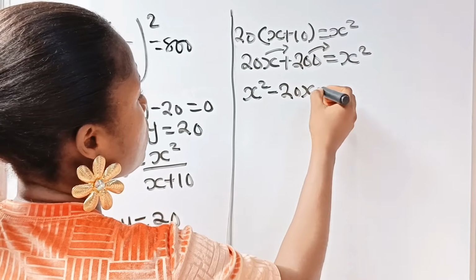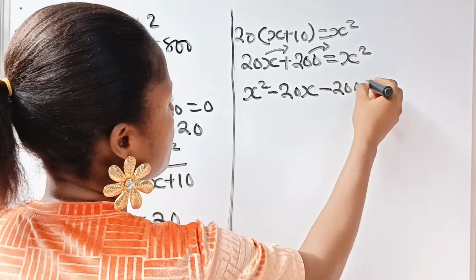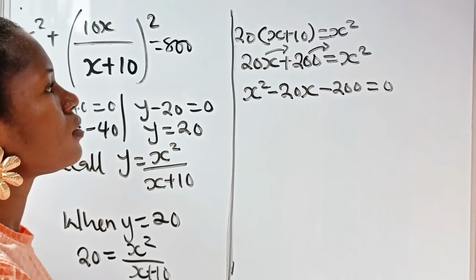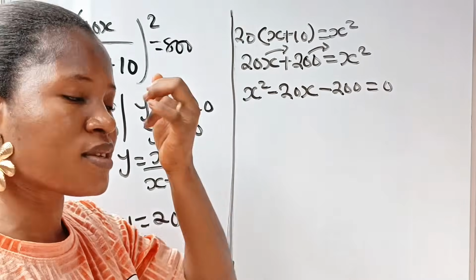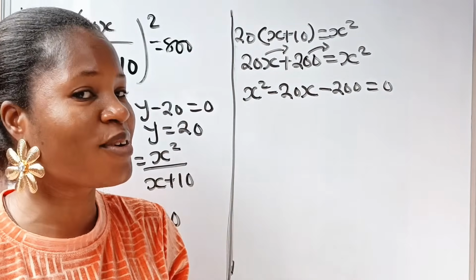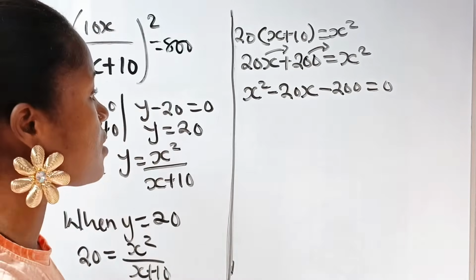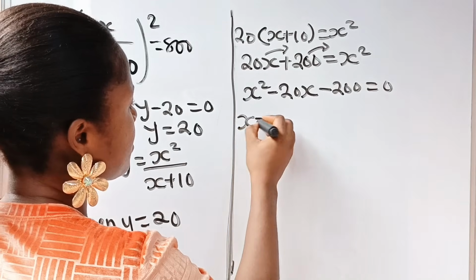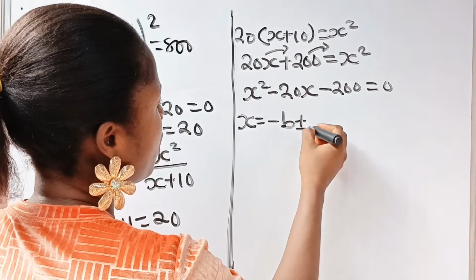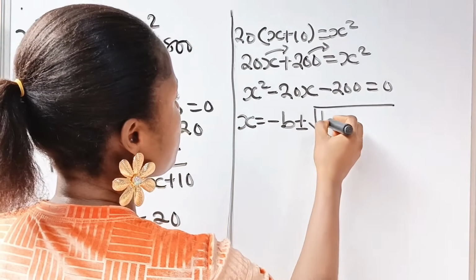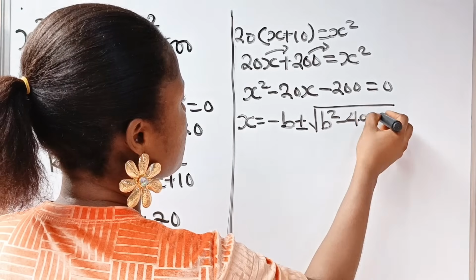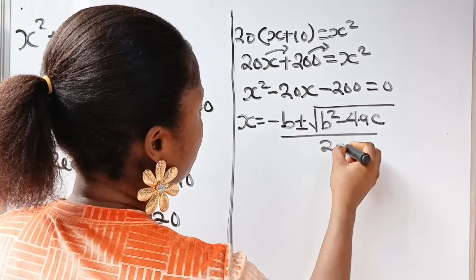This will become minus 200 is equal to 0. Now we have to solve this using the quadratic equation formula. The quadratic equation formula states that x is equal to minus b plus or minus square root of b squared minus 4ac, everything divided by 2a.